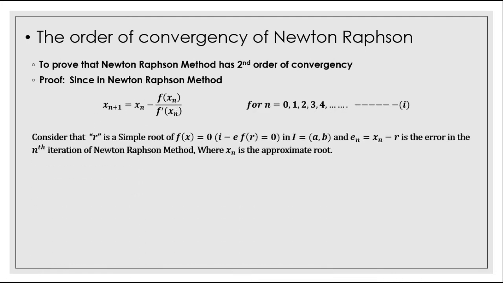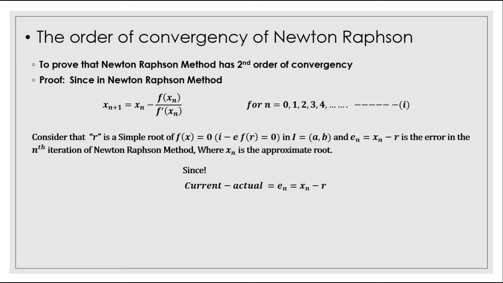Consider that r is a simple root of the function in the interval [a, b], and e_n is the error in the nth approximation in the Newton-Raphson method. Since we know that the error is the approximate value minus the actual value, where the actual value means the exact root of the function.